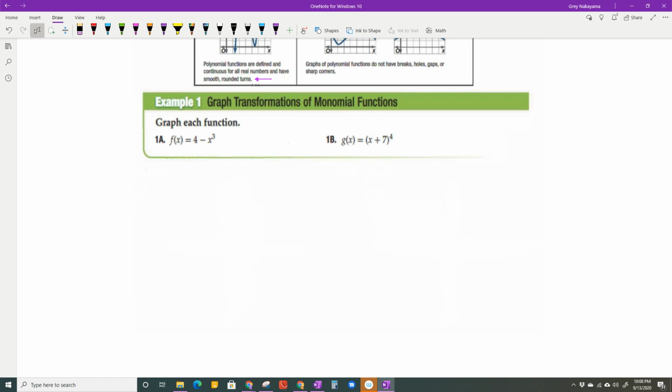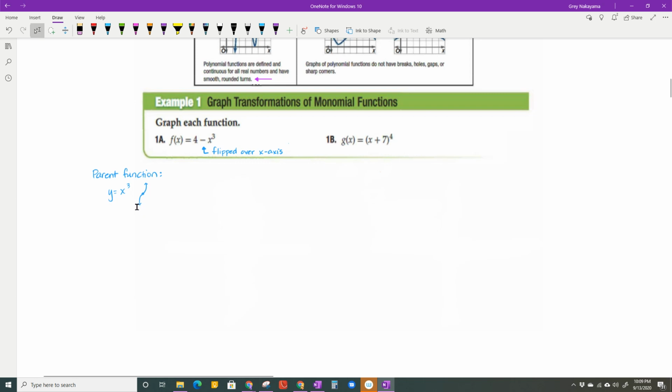All right. So if we have to graph this function, 4 minus x cubed, the first thing I want to do is recognize what the parent function is. The parent function is y equals x cubed, which looks like that. That's what you have to do in 1.5. Then I go back up to this equation and ask, what's different? Well, there is a negative sign in front of my x cubed, which means it's been flipped over the x-axis.